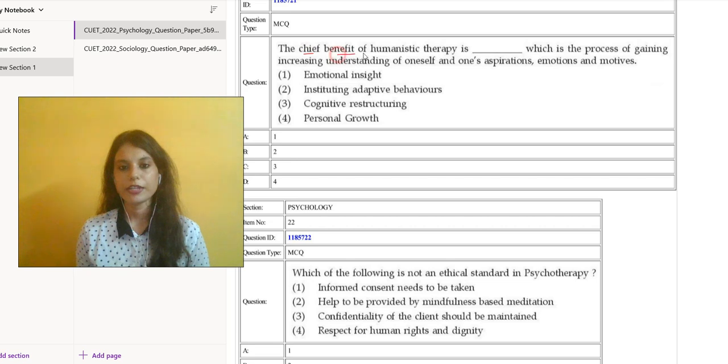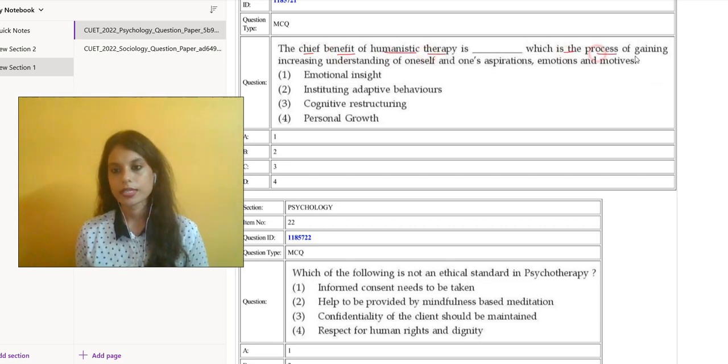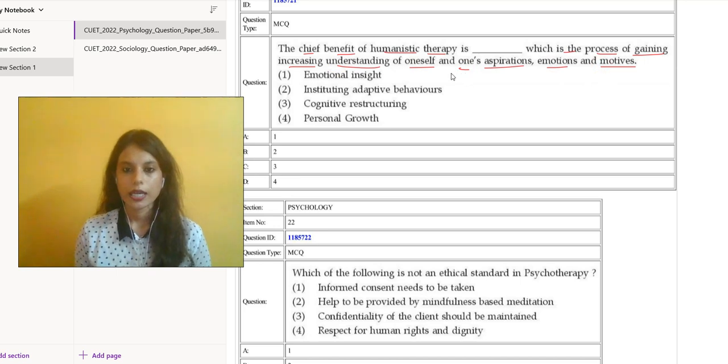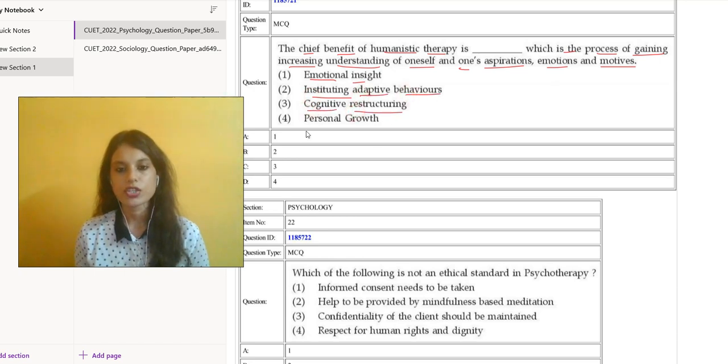The chief benefit of humanistic therapy is dash, which is the process of gaining increasing understanding of oneself and one's aspirations, emotions, and motives. The options include emotional insight, instituting adaptive behaviors, cognitive restructuring, and personal growth.